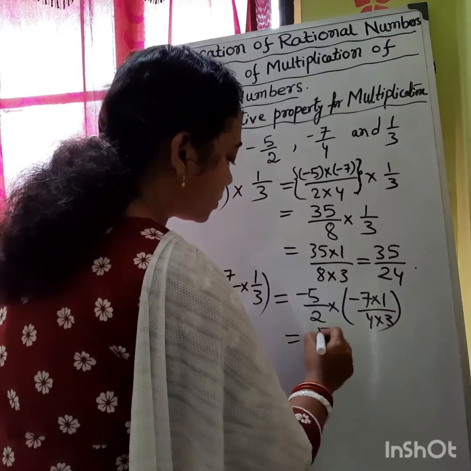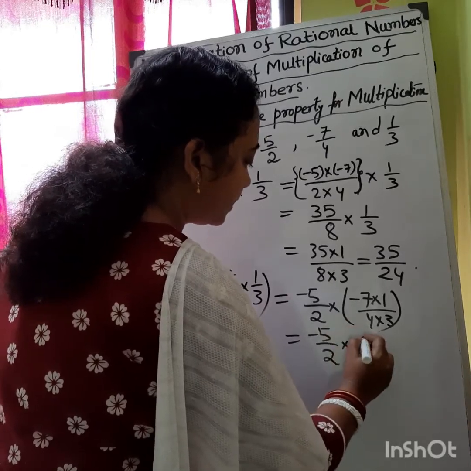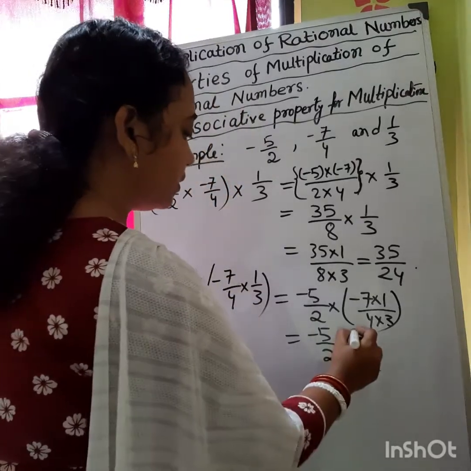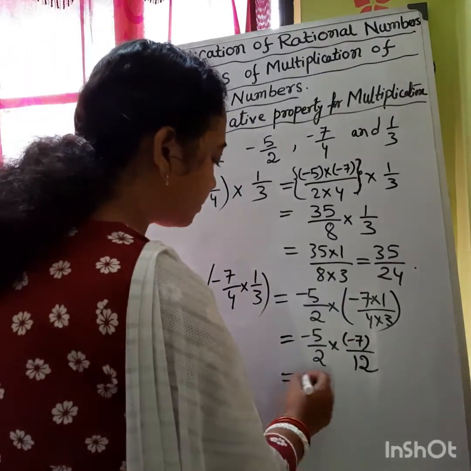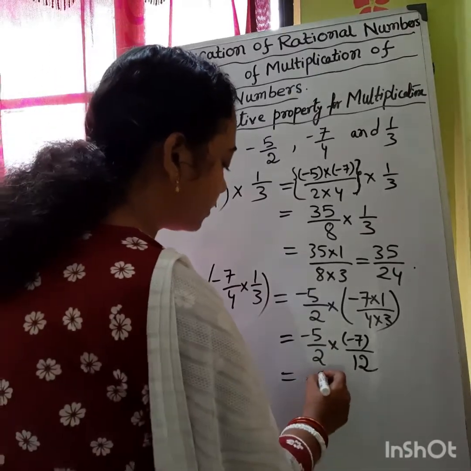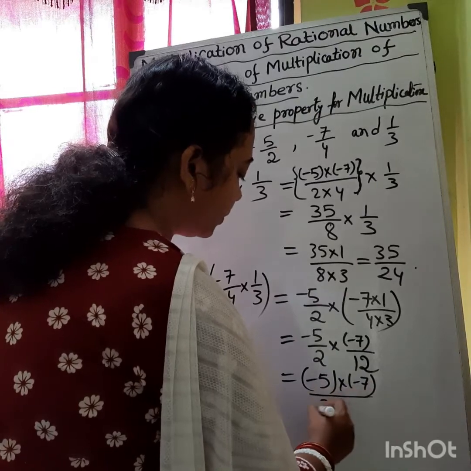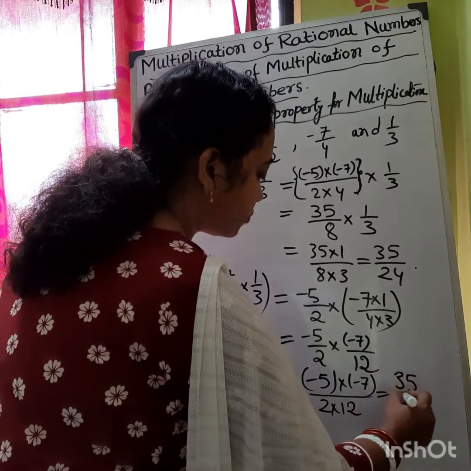So we are getting minus 5 by 2, then minus 7 by 12. So now we multiply their numerators, that is minus 5 multiplied by minus 7, and in denominator 2 multiplied by 12. So here we are getting 35 by 24.